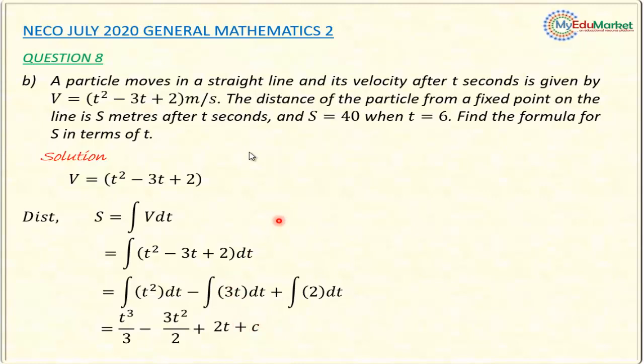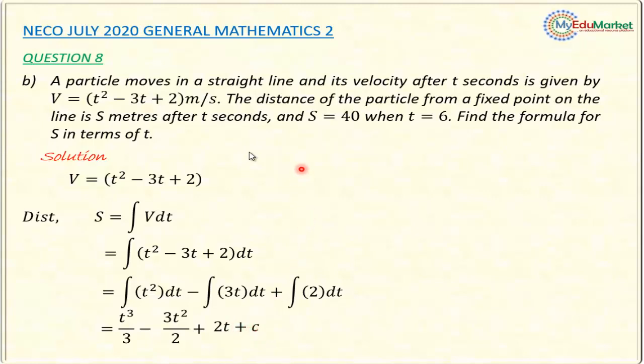So in the question it says s is 40 when t equals 6, and this is the function for s. It is t raised to 3 over 3 minus 3t squared over 2 plus 2t plus c, but I have to get the value of c.